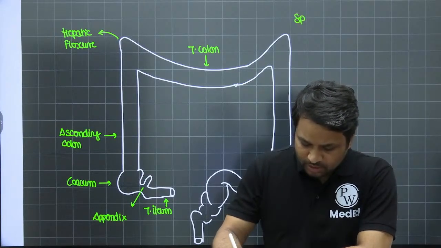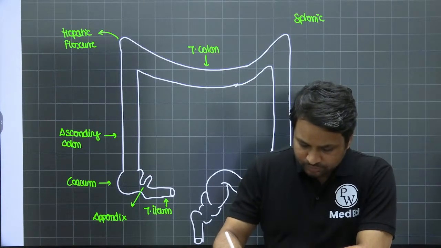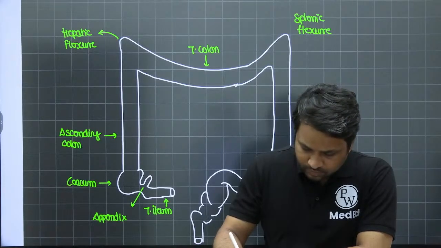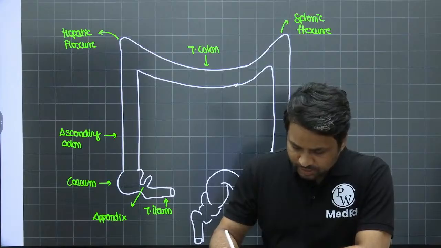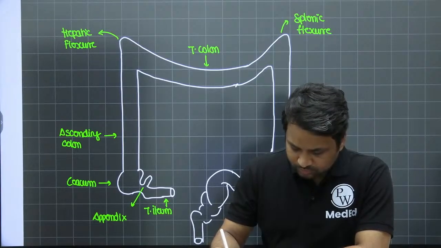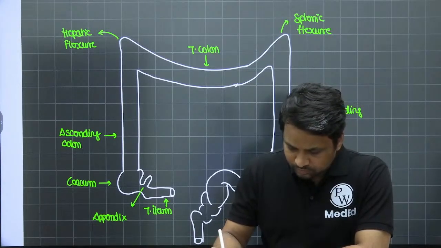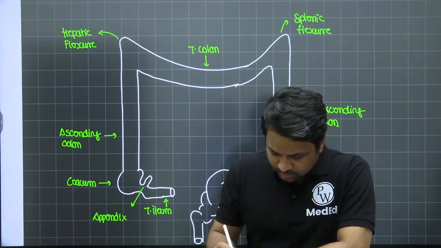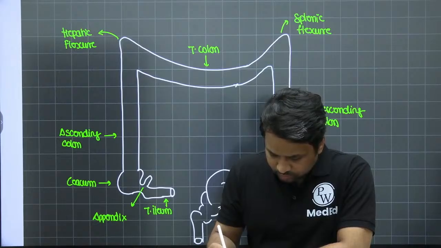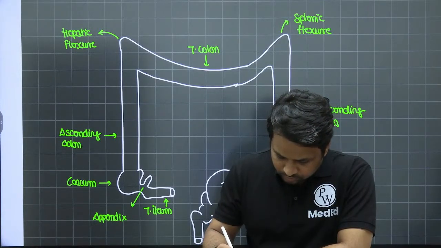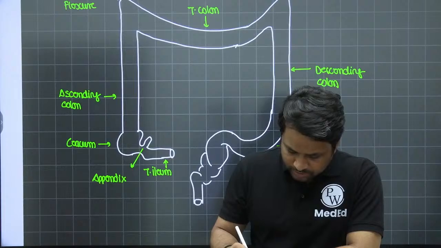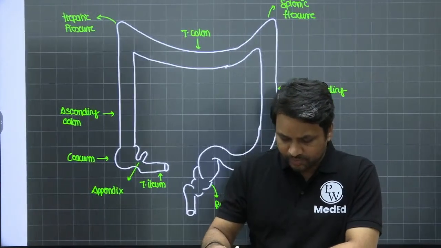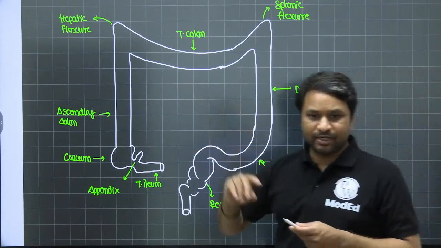This is your splenic flexure. This is your descending colon. This is your sigmoid colon. This is your rectum. So this is the basic anatomy, and dead in the center, you have the mesentery as well, right?